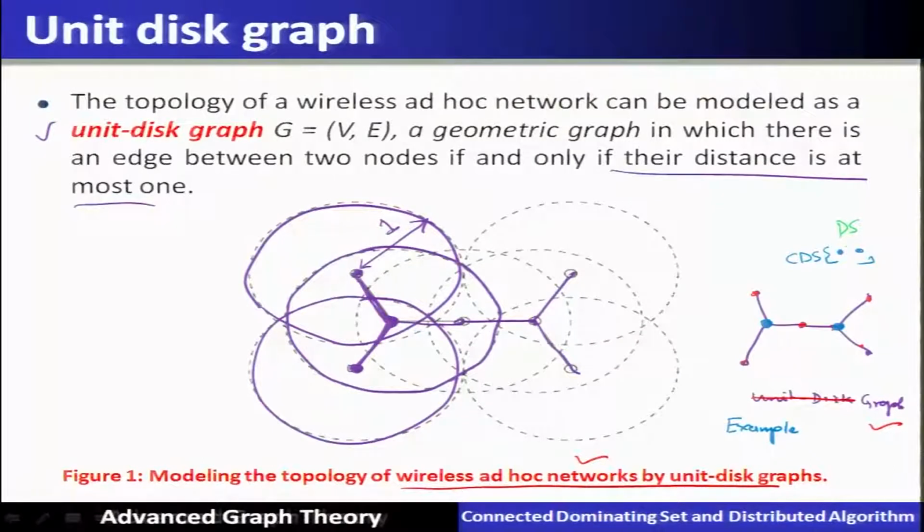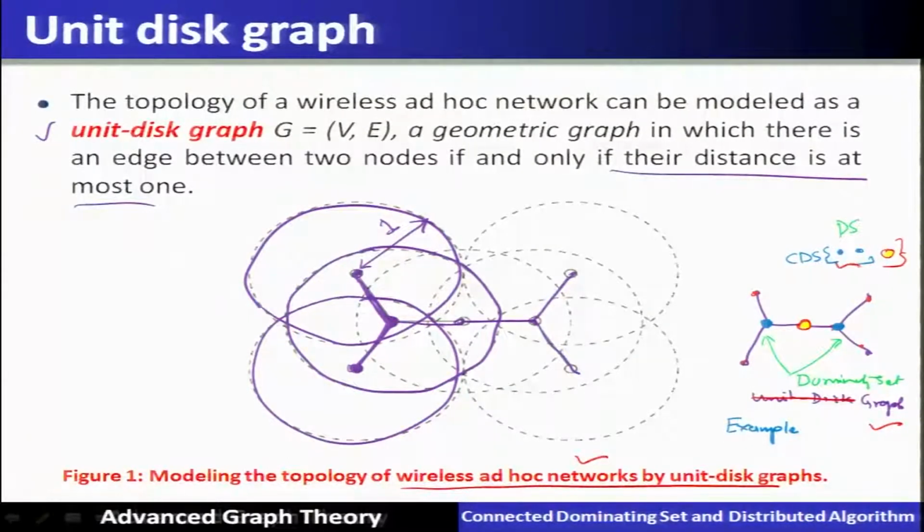So, this set of nodes is a dominating set together, but they are not connected. To connect them, we can include this node also, and then the size of the connected dominating set comprises 3 nodes.